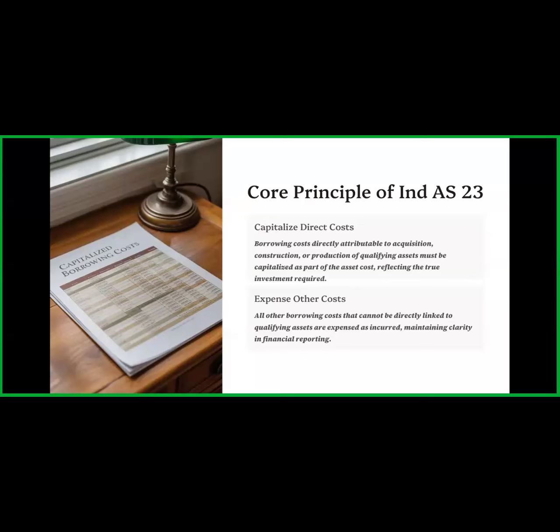Whenever the company capitalizes its assets, then we consider the expenses borne by the company, that interest expense, as the borrowing cost. Otherwise, whenever the companies raise the fund but do not capitalize these assets, then we call that an expense.